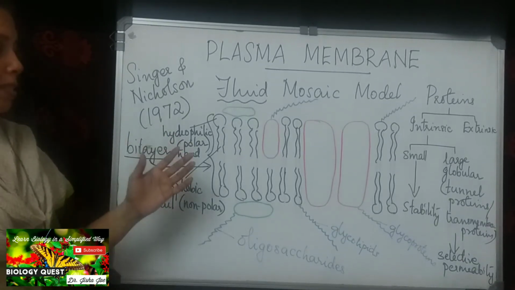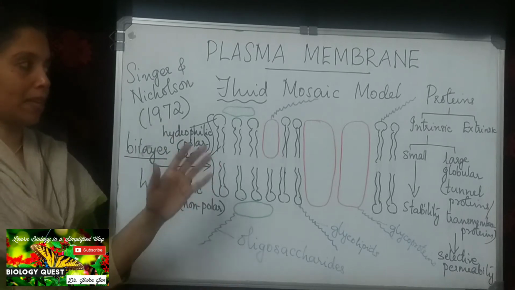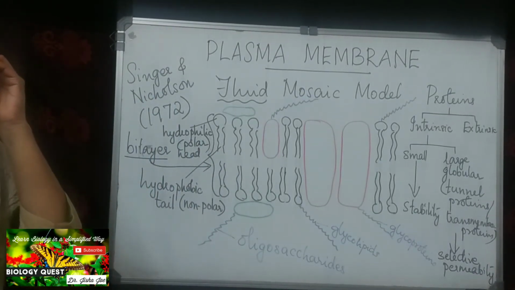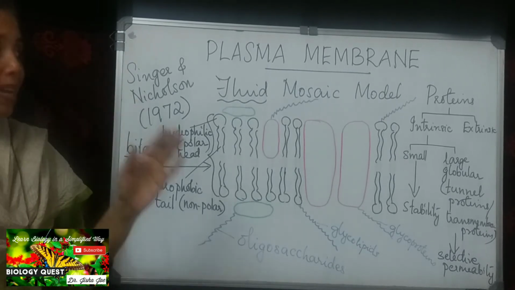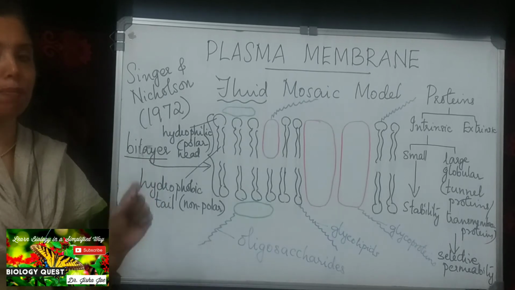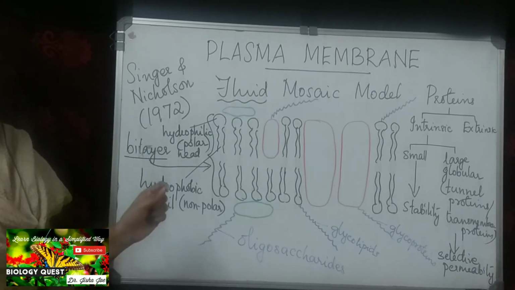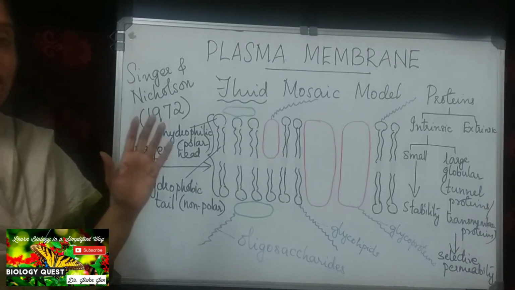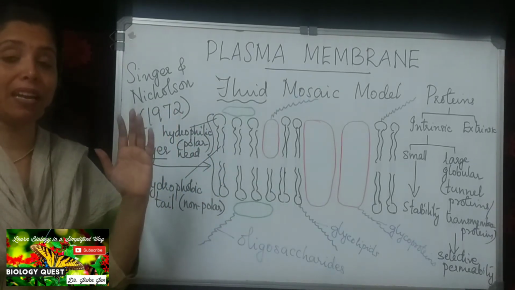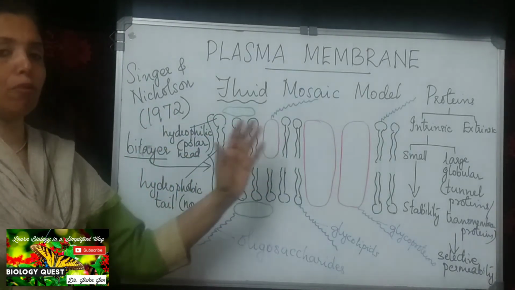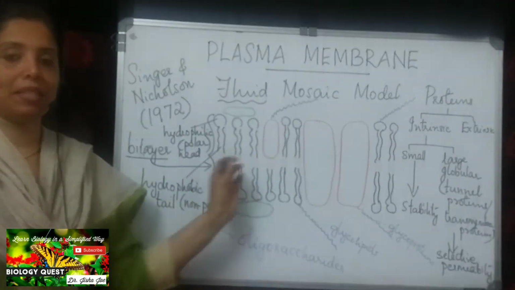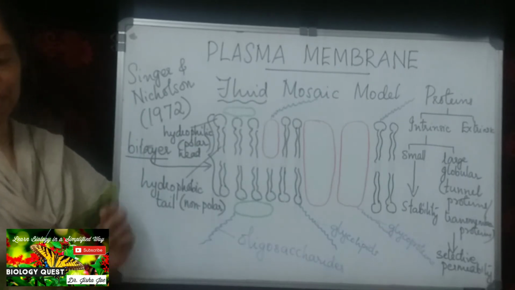Okay, so this is the fluid mosaic model according to Singer and Nicholson. As I told you, the quasi-fluid nature of the plasma membrane is due to the presence of phospholipids in it, and this special nature allows the protein molecules to move laterally within the phospholipid bilayer.